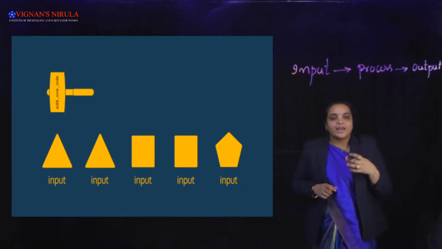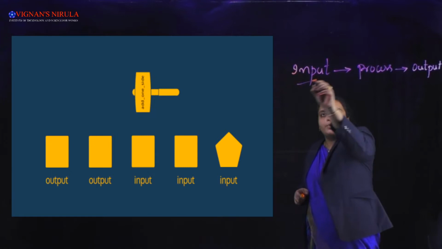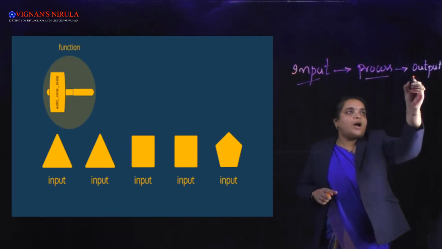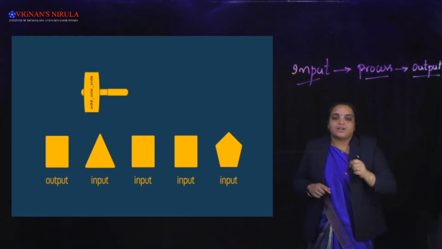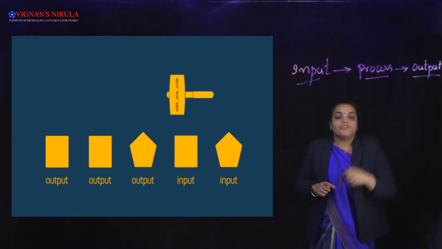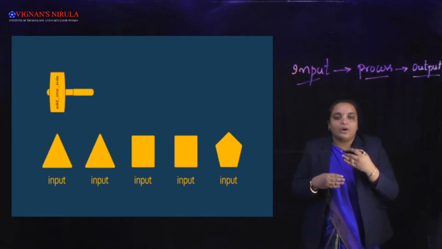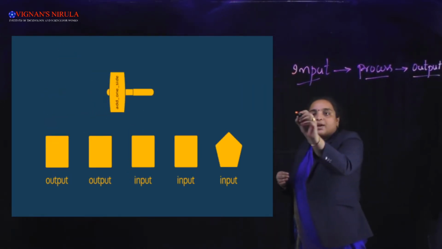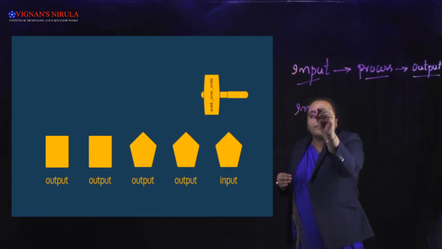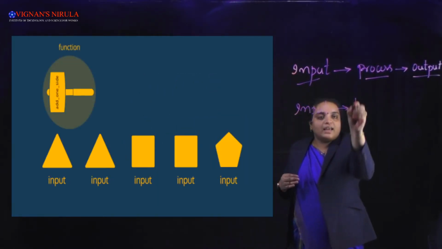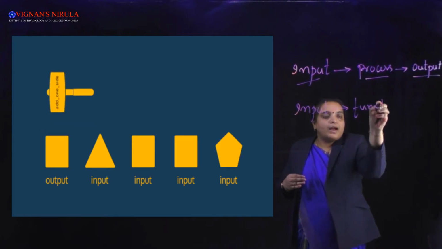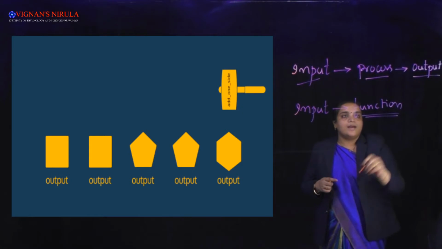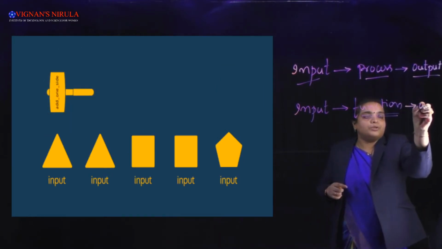Usually a program's duty is to take the input from the computer, do the computations, and give you the output. When we use functions, we use the same code in our program wherever we need it. So if you give the input to the function, it will take the input, perform whatever calculations are written in the function, and give you the output.